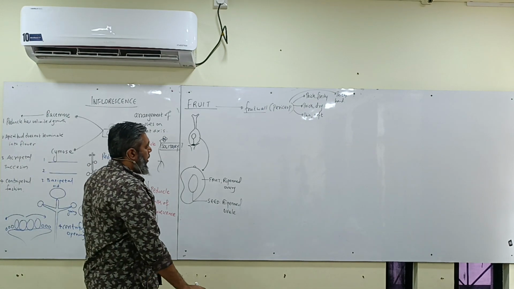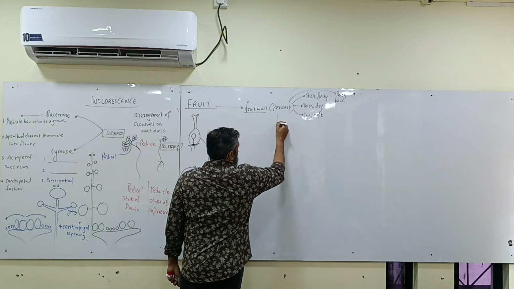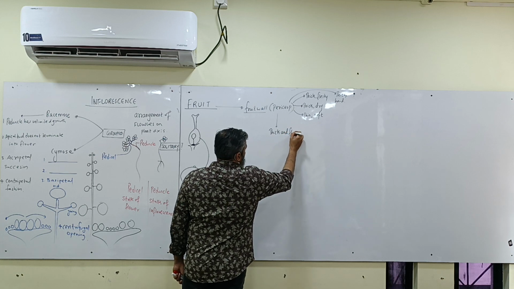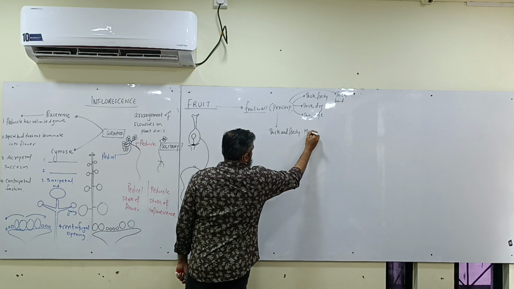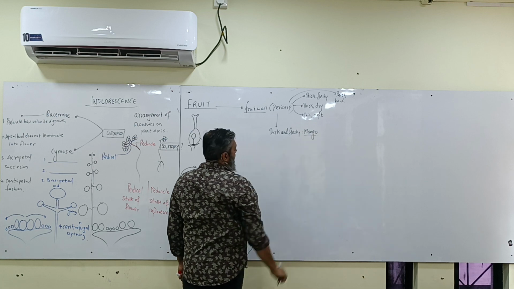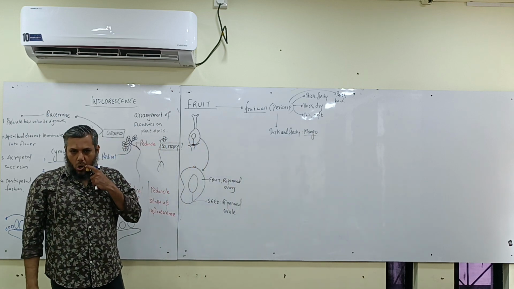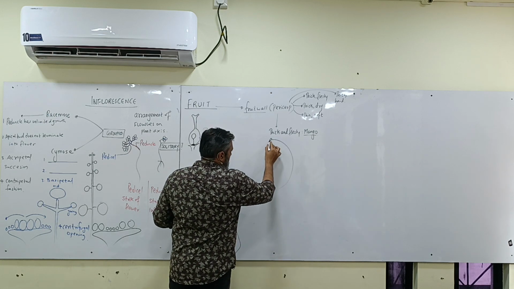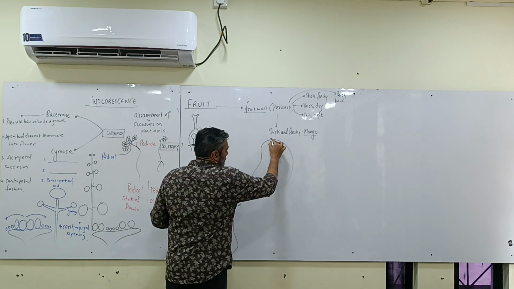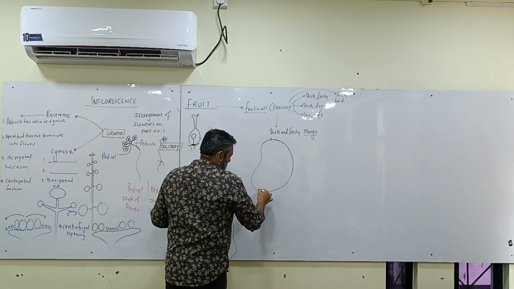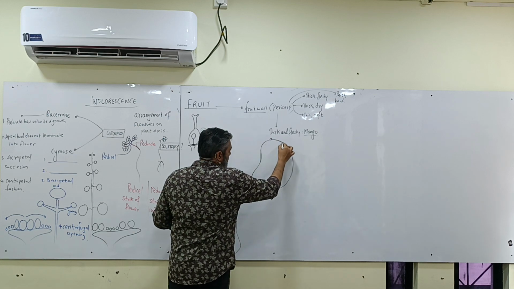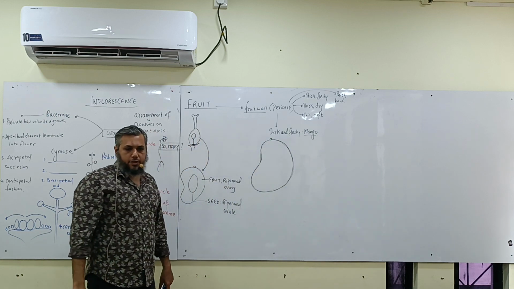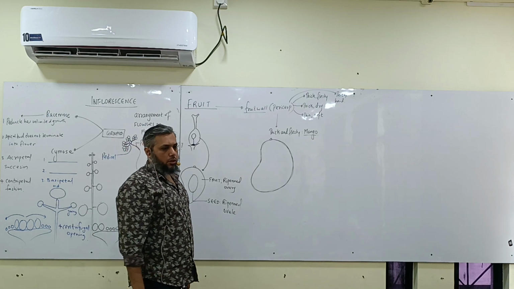Okay? Now I will talk about the pericarp which is thick and fleshy. In the case of which fruit? Mango. Okay. So in a typical mango, the outermost skin, if it is a raw mango, what will be the color of the skin? Green. If it is a ripe mango, what will the color be? Yellow.